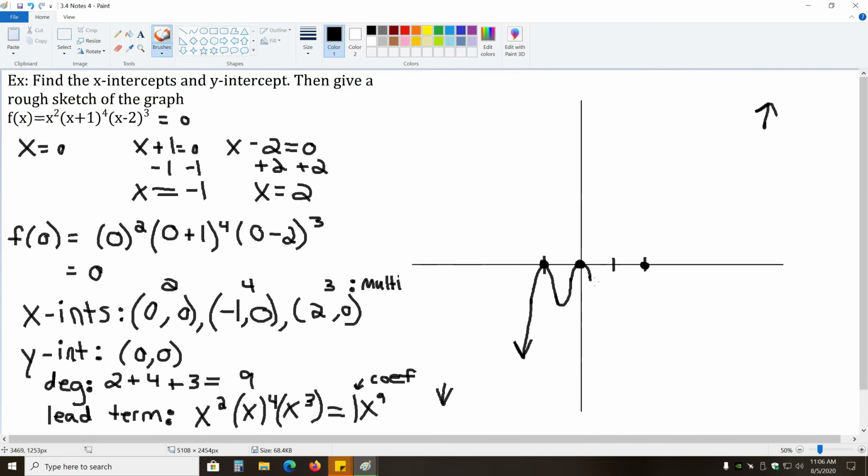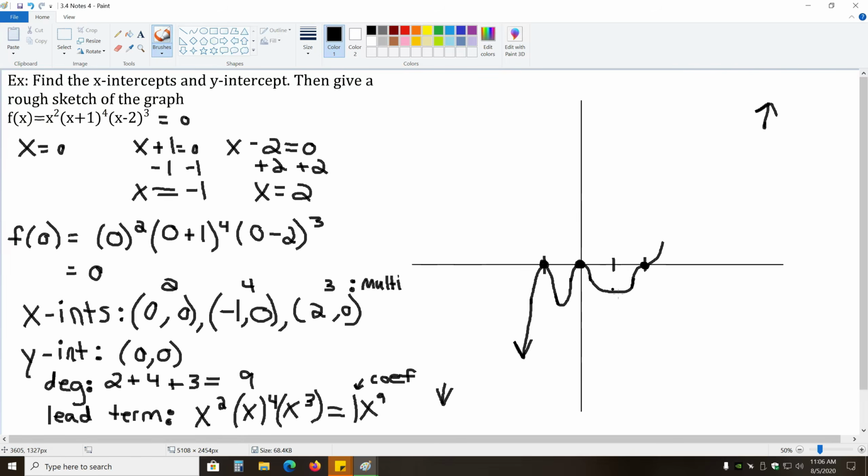And now from here, the graph has to continue down and then manage to come back to this x-intercept, which has a multiplicity of 3, meaning the graph will pass through this x-intercept with a curve. So it's going to look something like that.